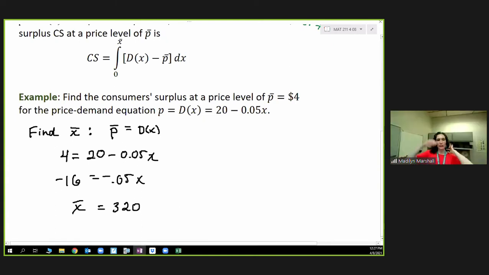So that's just a little bit of stuff we need to do to find everything that we need to put into this formula. And now we have all we need to find the consumer surplus.